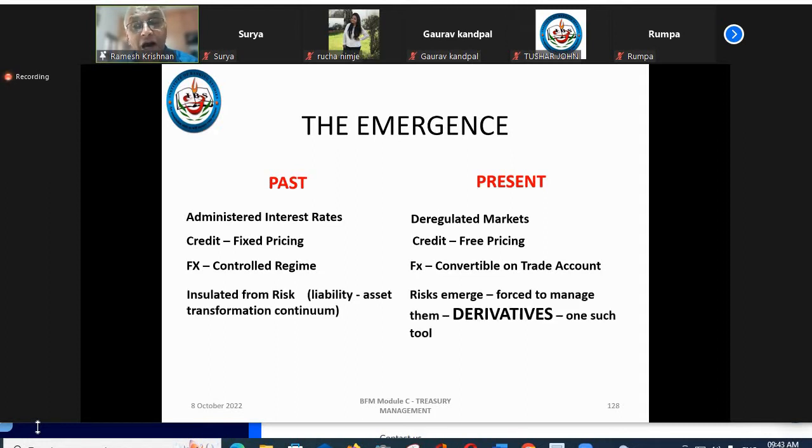Banks earlier, when RBI was administering the interest rates, were not exposed in their balance sheet to much interest rate risk. Take a deposit at 6%, add the margin, lend a loan at minimum 8%, then 9, 11, 10, 11. So NIM was protected earlier. Today, the transformation from liability to assets is impinging on the need.